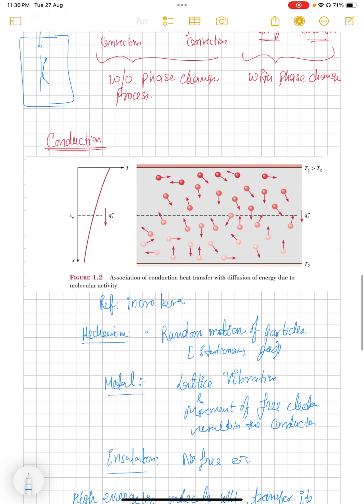Like we can see here, these are two plates, plate 1 and plate 2, which are maintained at temperatures T1 and T2.